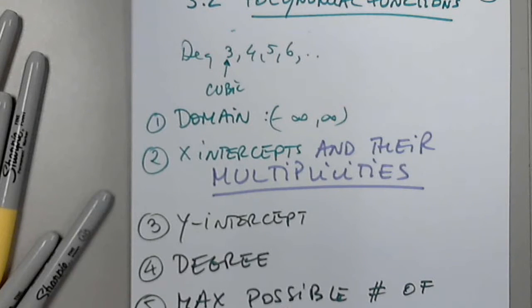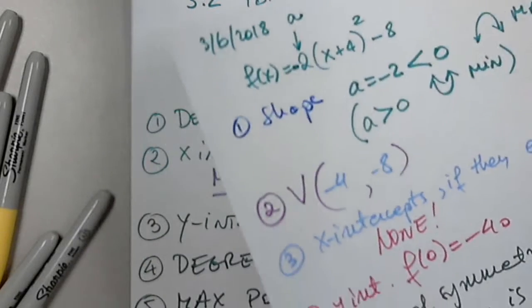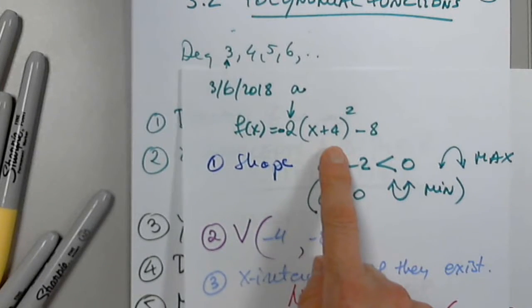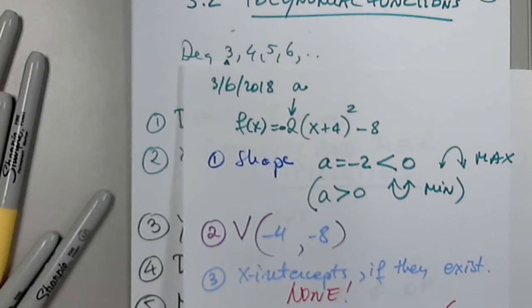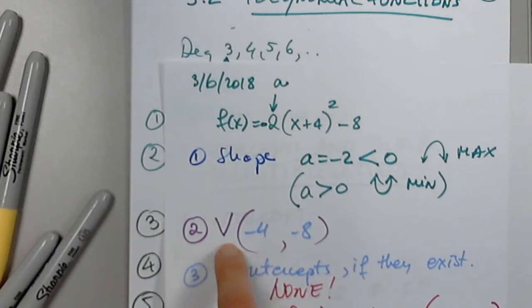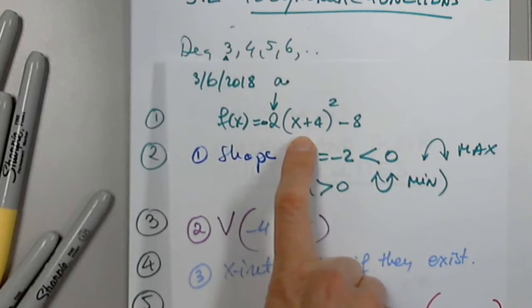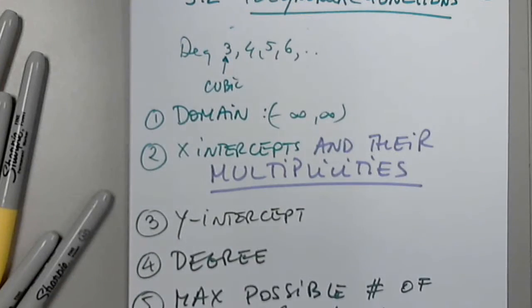We can never ever talk about vertex again. The vertex is specific to the quadratic function and only to the quadratic function. We cannot say that we are looking for vertices. That's not possible. The word vertex refers to quadratic functions only. So we have to say turns or max min, but not vertices. Okay.